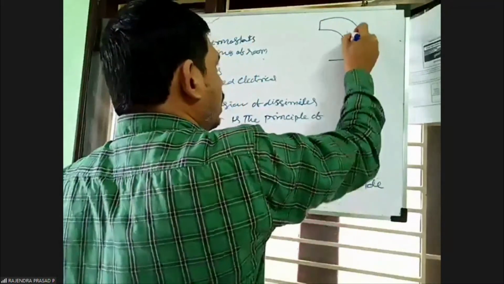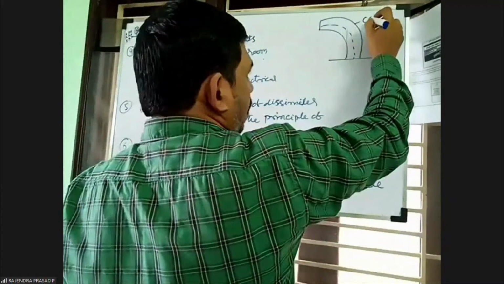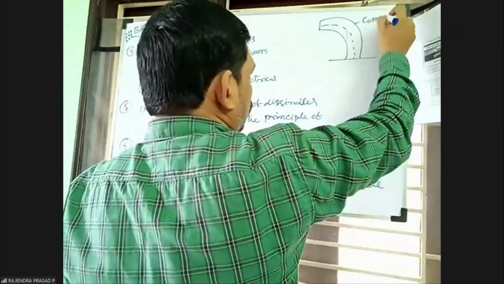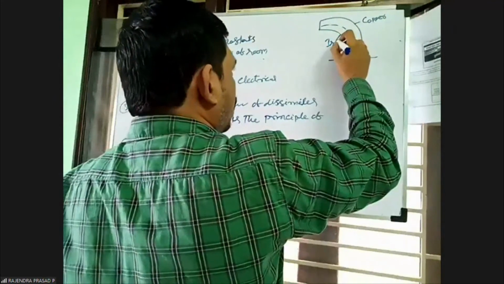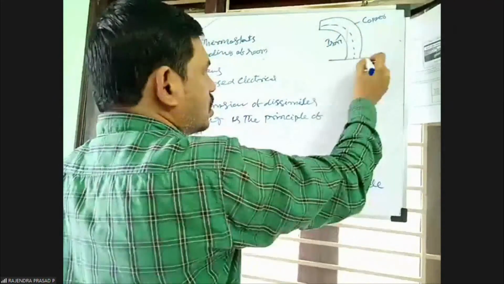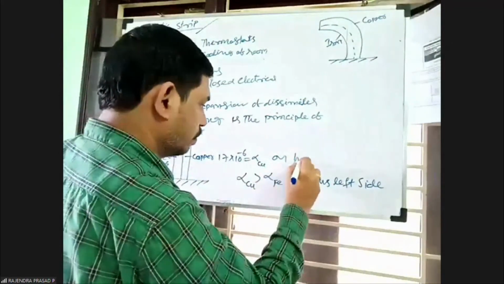This is the bend. So this is the copper. This is the iron. On heating is important.